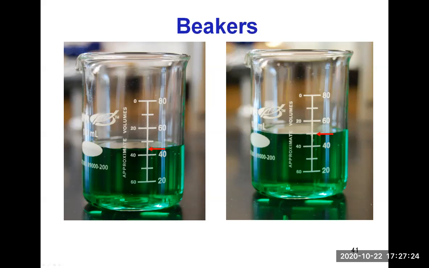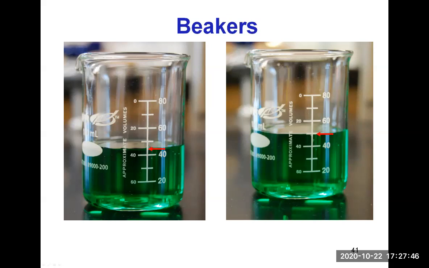And so that means you can give a value that is to the 1 milliliter. So here, the volume of the liquid in the beaker falls where we have the red arrow. Below we have the line for 40, and above we have a line for 50.